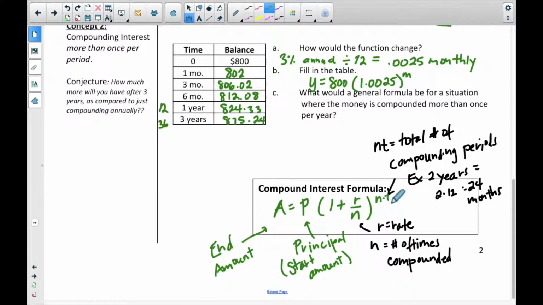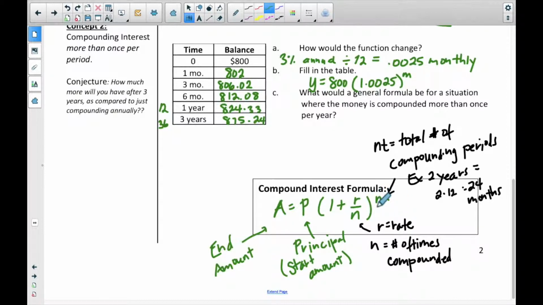And then NT, honestly, this exponent, you can really use whatever you want. Let me tell you what I mean is, up here I used M to remind me that it was in months. So NT would be the total number of compounding periods. For example, in the example above, if I had 2 years, then I would have to put the power of 24 because that's how many times it was being compounded.